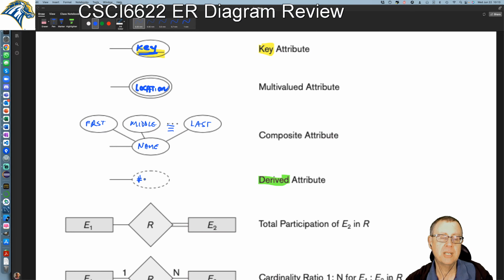So number of employees might be something that we could calculate from the existing data. By that I mean we don't enter any data about a derived attribute into the database. All of the information is already there. We're just calculating this derived attribute from pre-existing data.